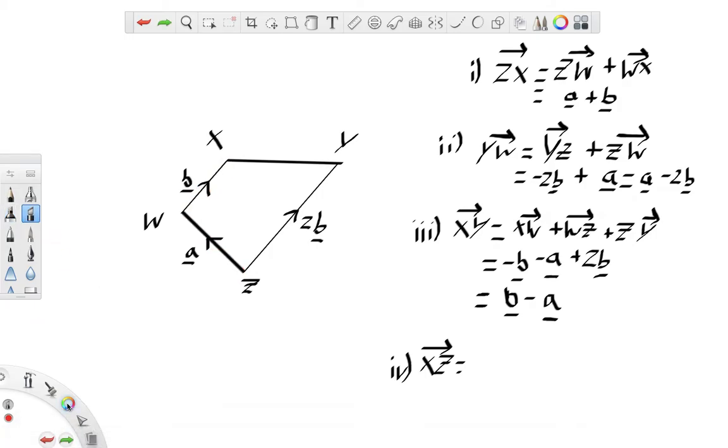So that written down algebraically, that's going to be x to y plus, x to w, I've done that twice now, and then w to z. Well, x to w, that's minus b, and then w to z, well, that's minus a.